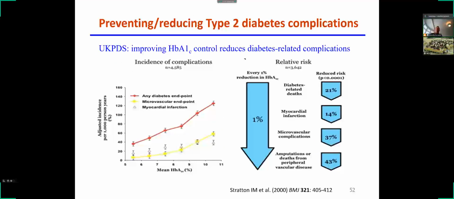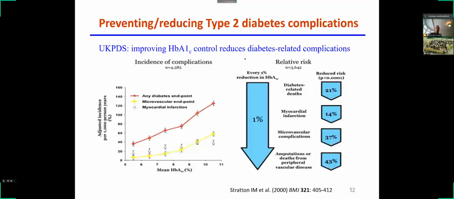So what are the ways that we can try to reduce and prevent type 2 diabetes? Well, as I mentioned, it's just not that difficult. And the key is to try and identify very early on when these levels start to increase, and to then drive down those A1C levels.